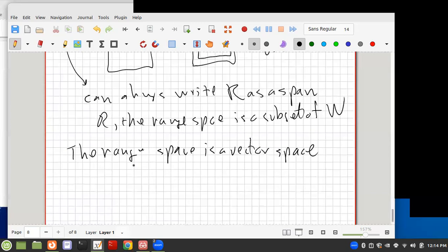And because it's a vector space, it has a basis.